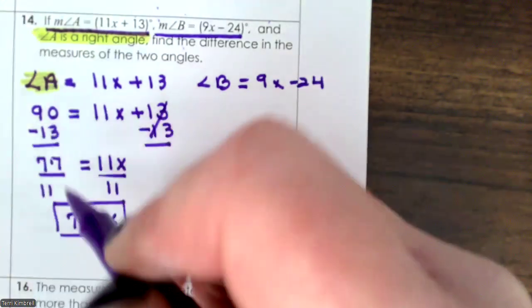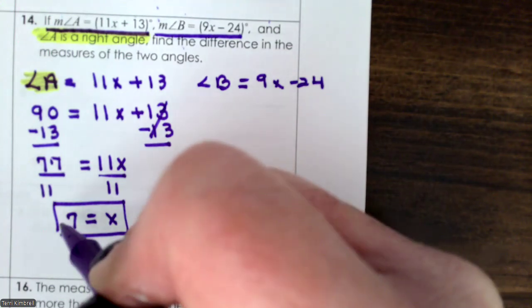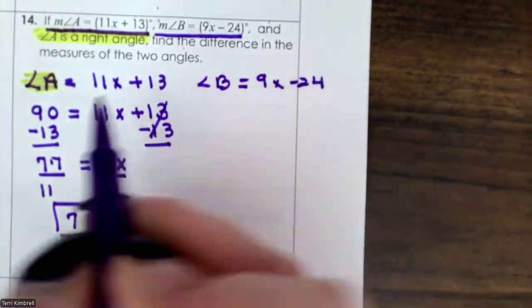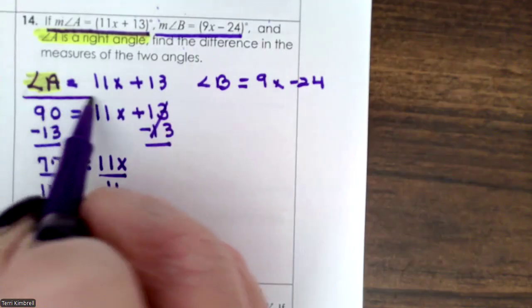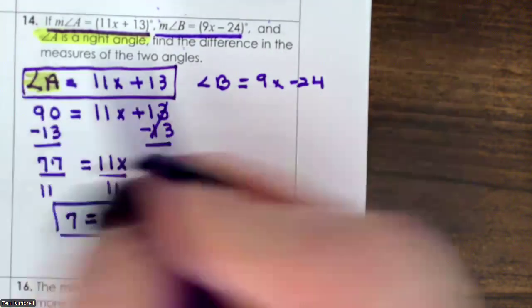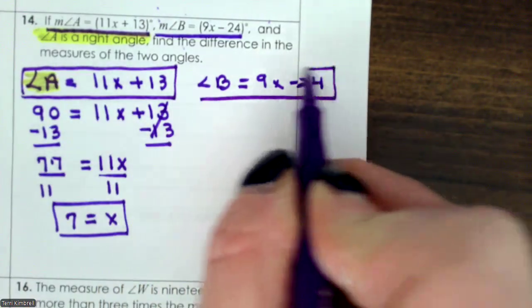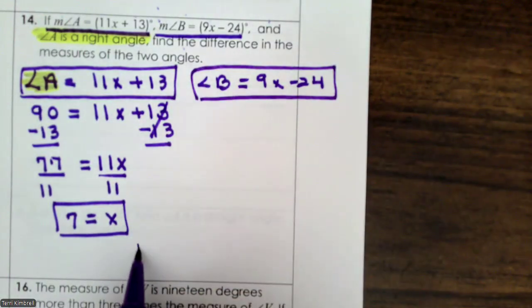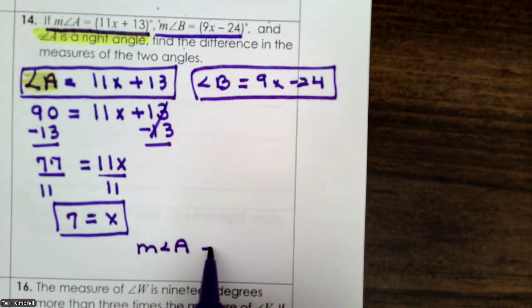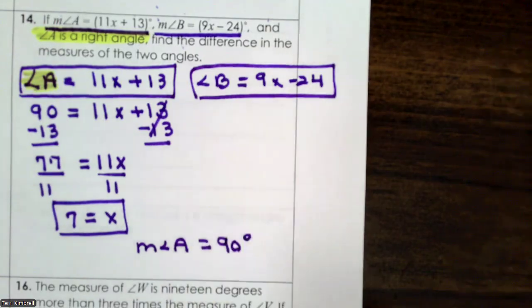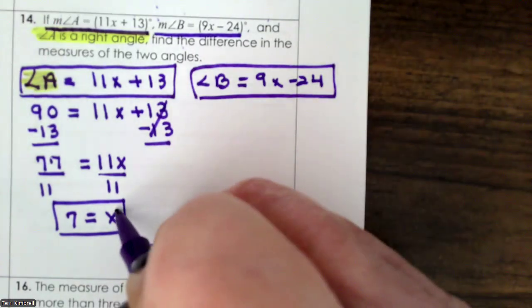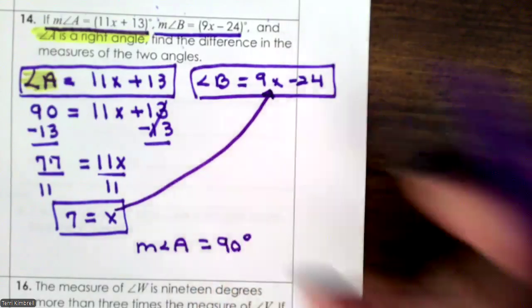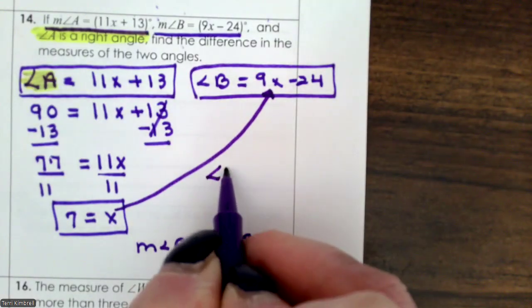So now that I know what x is, I'm able to figure out what angle A and angle B measure. Okay, so we know angle A is 90 degrees. So to figure out B, I have to put the 7 in place of x.